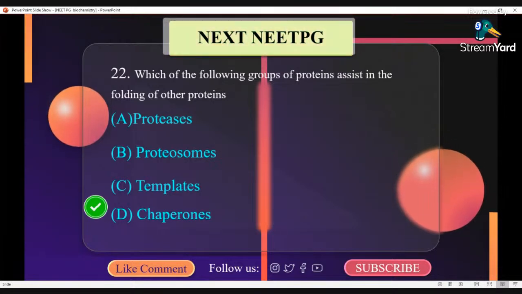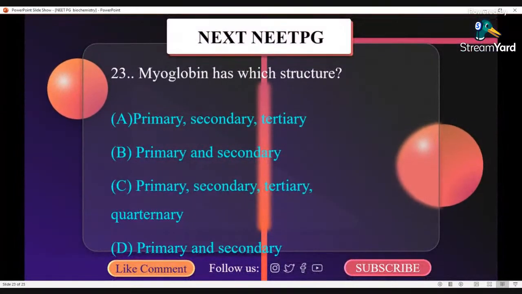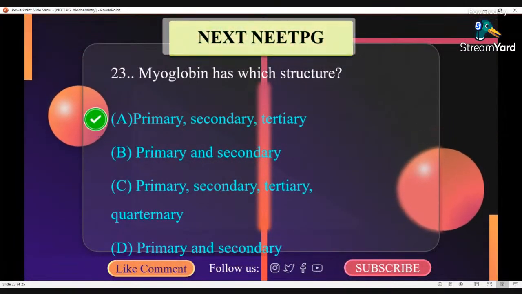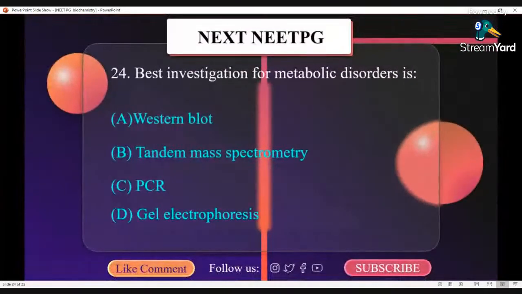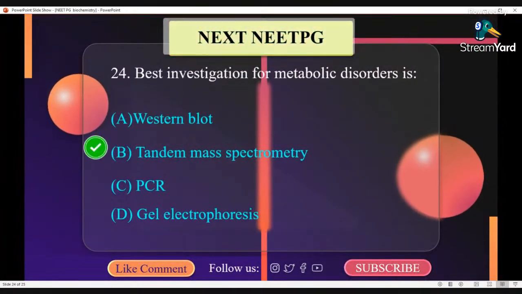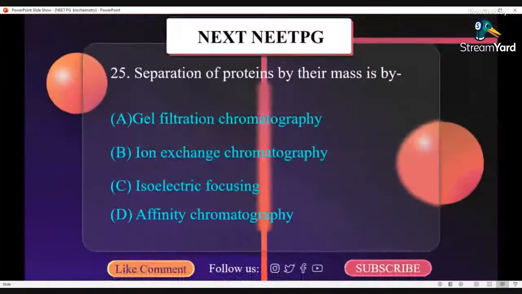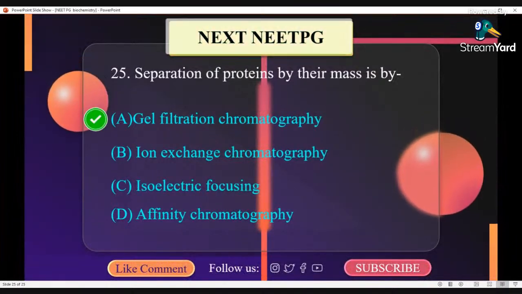Chaperones. Primary, secondary, tertiary. Tandem mass spectrometry. Gel filtration chromatography.